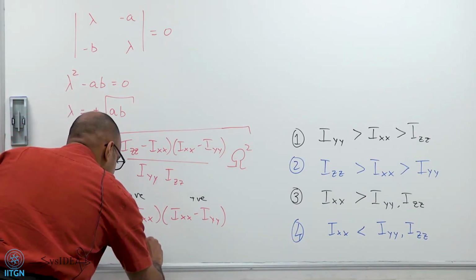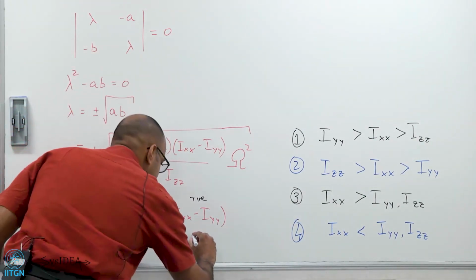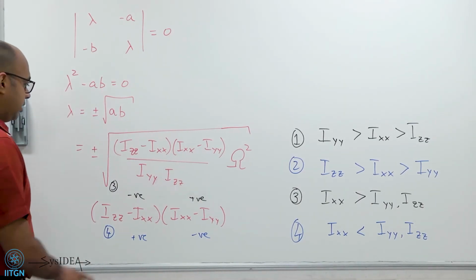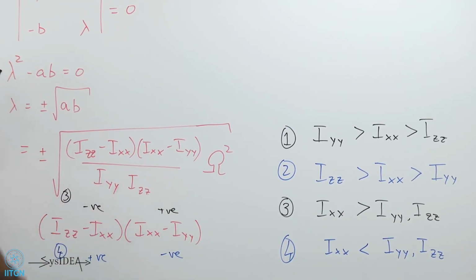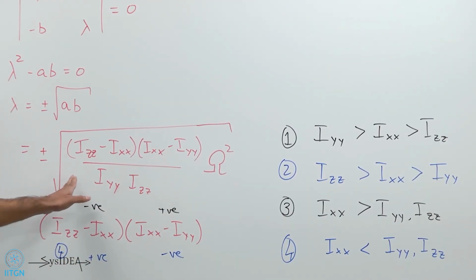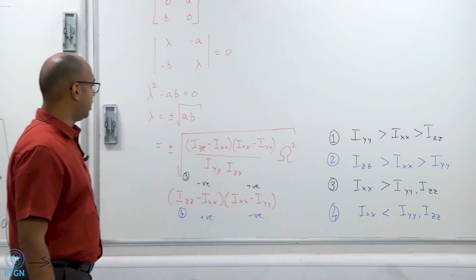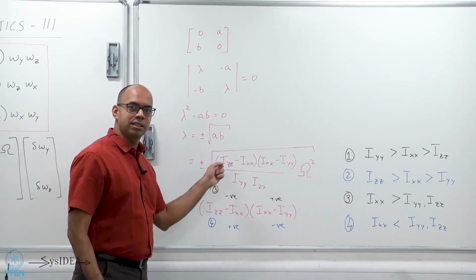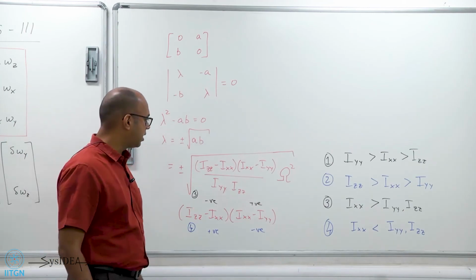You will see this term is positive because it is less, whereas this term is negative. So, in both these cases, the product ends up being negative because it is a product of a positive and negative number, and the whole term inside the square root sign ends up being negative, which means you will get plus or minus imaginary eigenvalues.